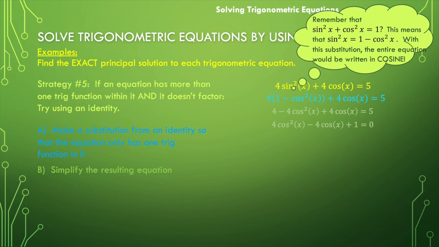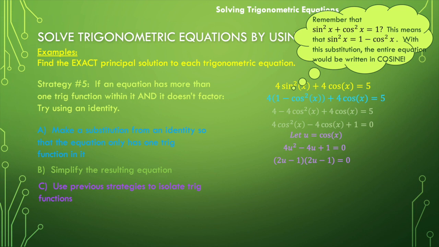All right, treat it like a quadratic. Replace those cosines of x with u. And we would end up with 4u squared minus 4u plus 1 is equal to 0. I think that factors as 2u minus 1 times 2u minus 1, also known as 2u minus 1 quantity squared.